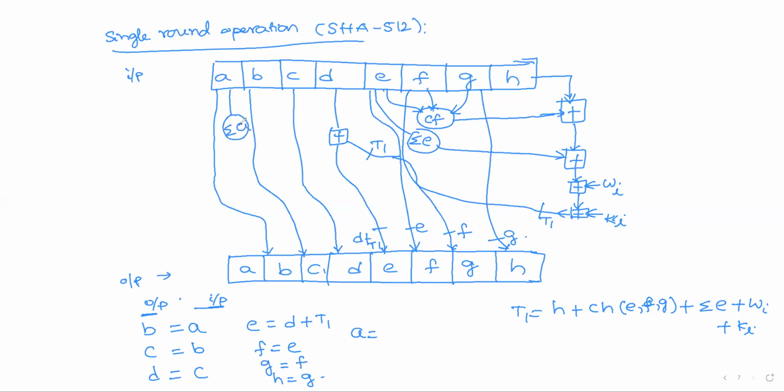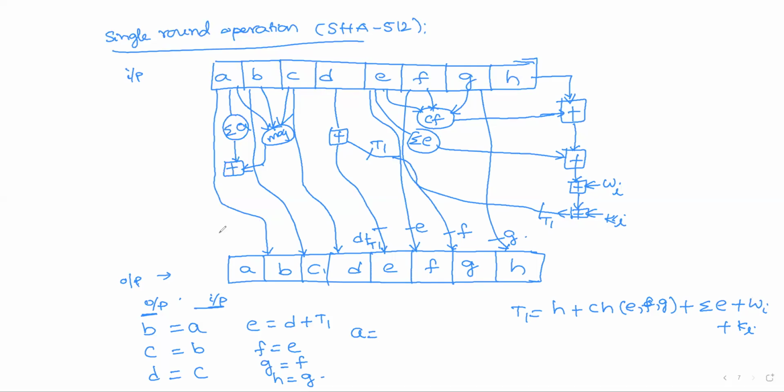So this will be given as input for one addition modulo 2 power 64 operation. The second operand is the majority function, which takes buffer A, buffer B, buffer C as inputs.